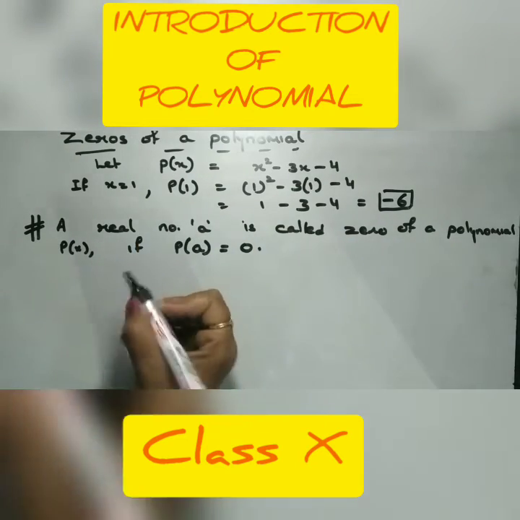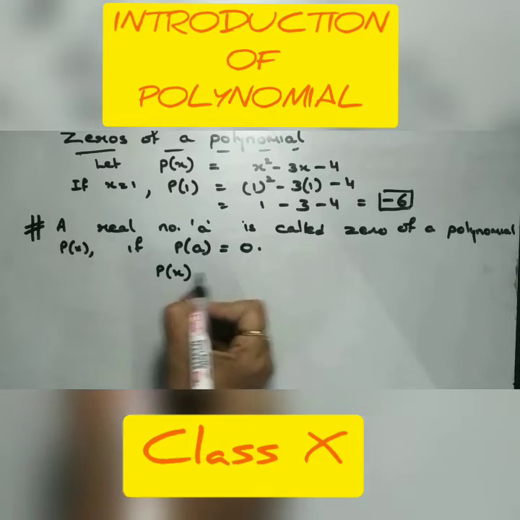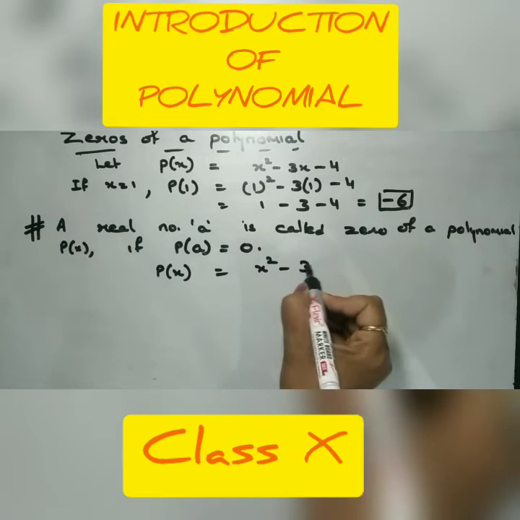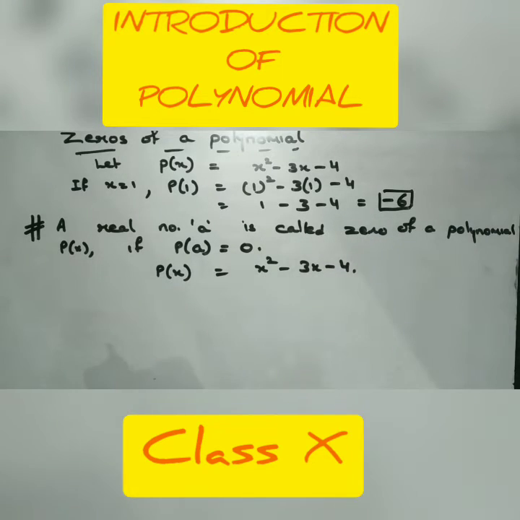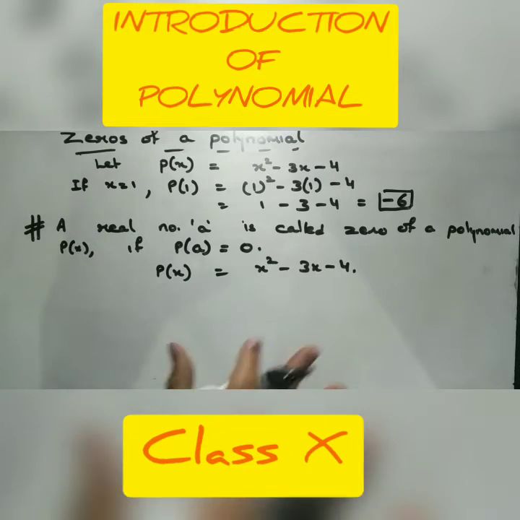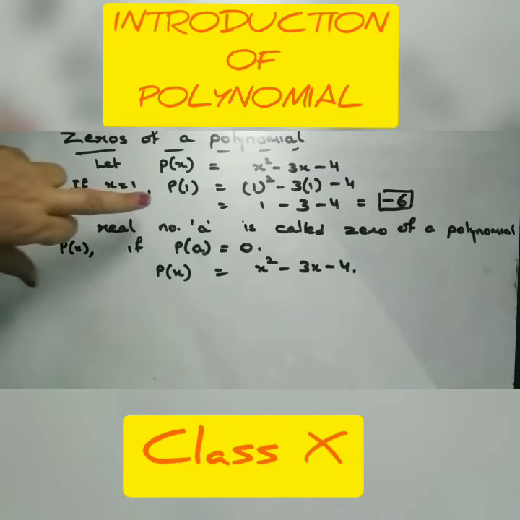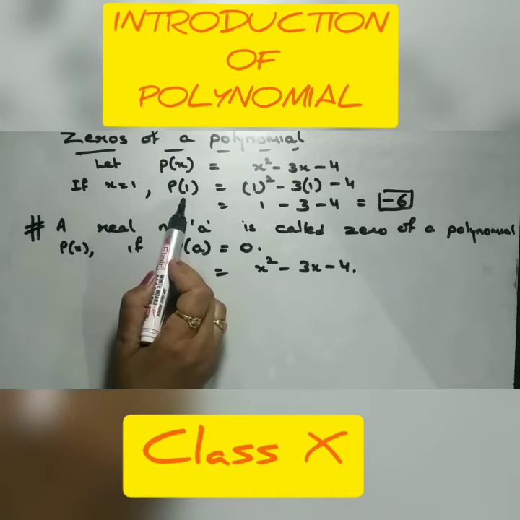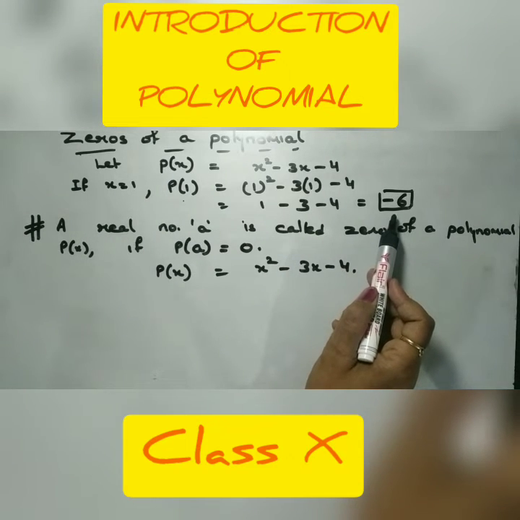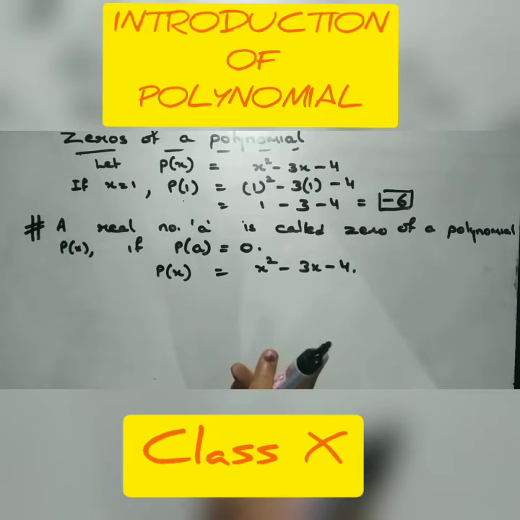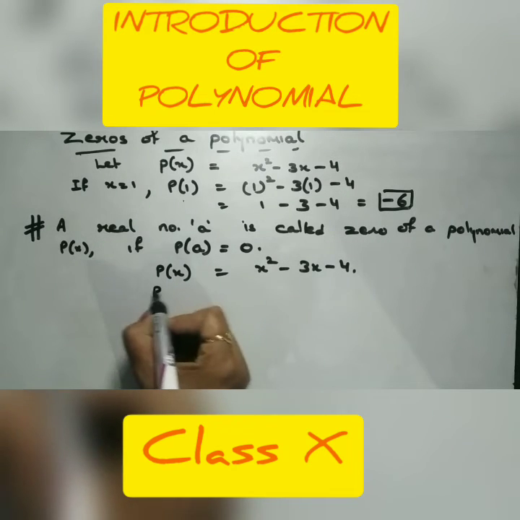Now let us take the same example. Suppose the polynomial is x square minus 3x minus 4. Could you take any value of x which makes the whole polynomial 0? We have to think about it by the hit and trial method. We can solve this also, but that I will explain later. But let us try with hit and trial. When I put 1, I am not able to get 0, so 1 is not a zero of the polynomial. Let us take minus 1.